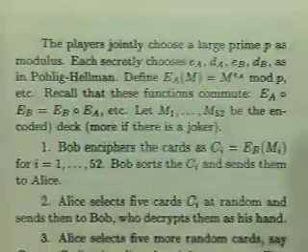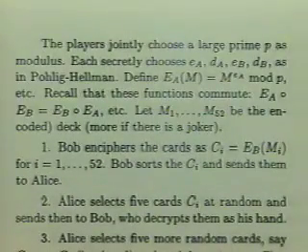Then we define enciphering and deciphering algorithms, E sub A, E sub B, D sub A, D sub B, which mean you raise the argument to the corresponding power. So, for example, E sub A of M is M raised to the E sub A power modulo P, just like in the Pohlig-Hellman system. Likewise, D sub A of C is C raised to the D sub A power modulo P. E sub B of M is M raised to the power E sub B modulo P.